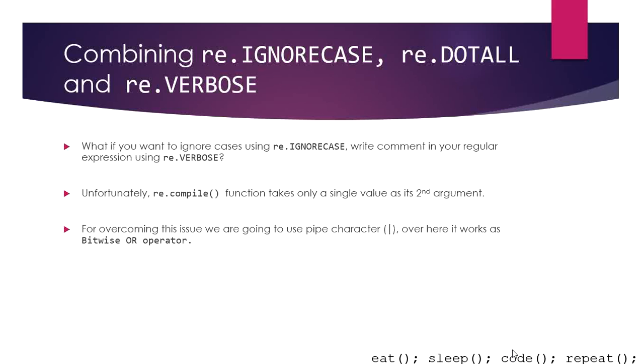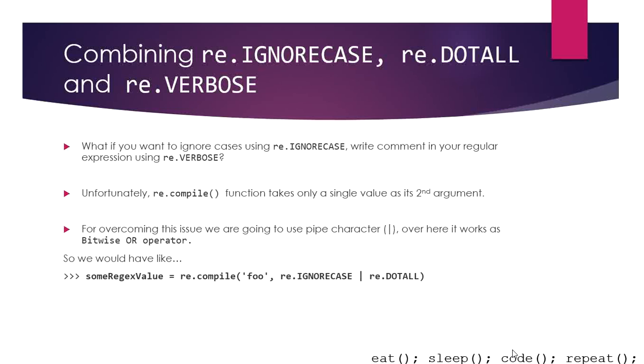The operators video will be there soon, but for now understand that it is a bitwise OR operator. You can look it up on Google as well. Here we use the pipe character for having multiple second arguments.